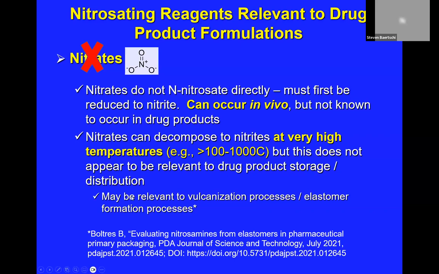It's probably relevant to vulcanization processes, elastomer formation processes. So various stoppers and elastomers used in packaging may form nitrites or nitrosating reagents from the process of vulcanization, but that's not something that's coming from the formulation itself.